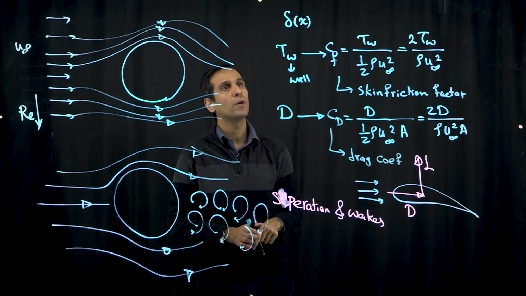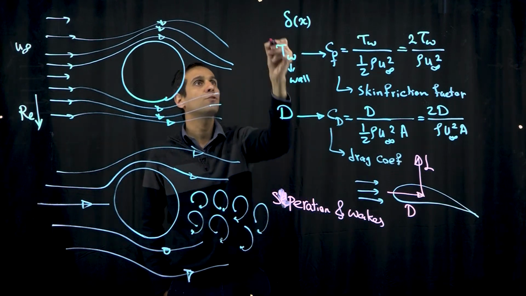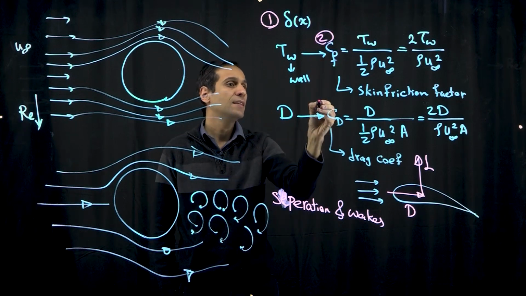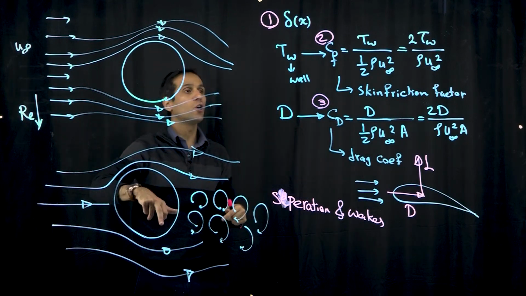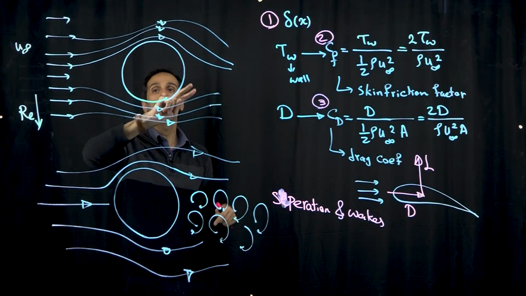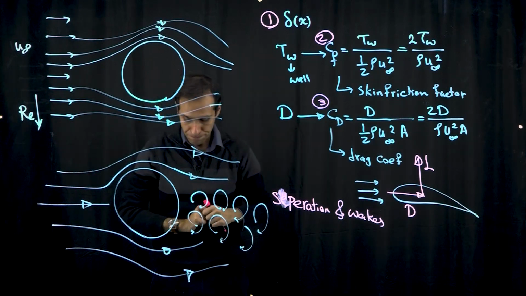So what we are going to do in this case is find CF and CD for each scenario, each geometry. And please remember that for each scenario we have two different flow regimes, laminar or turbulent.